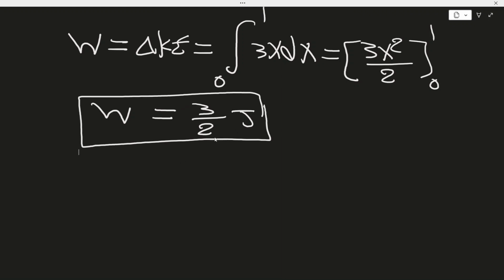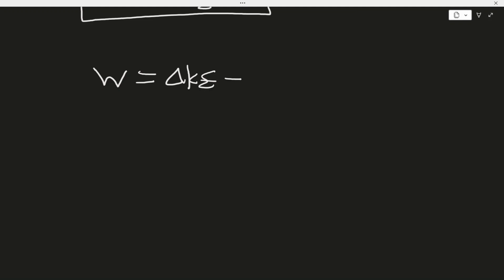I shall finally emphasize two important points for the concept of the work-kinetic energy theorem. First of all, if I write down again the equation, W is equal to delta KE, it's equal to the integral from point 1 to point 2 of force dot dr. My first point is that this force is not a single force.